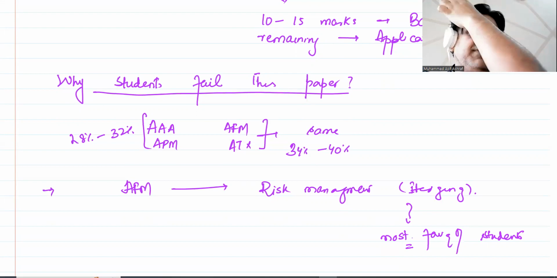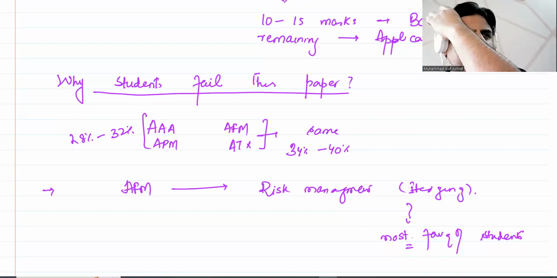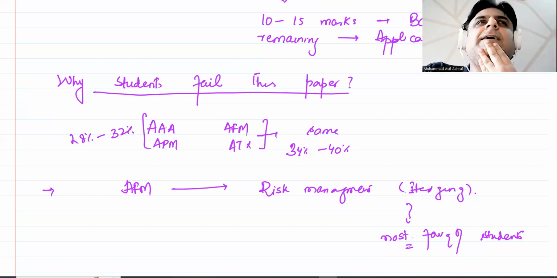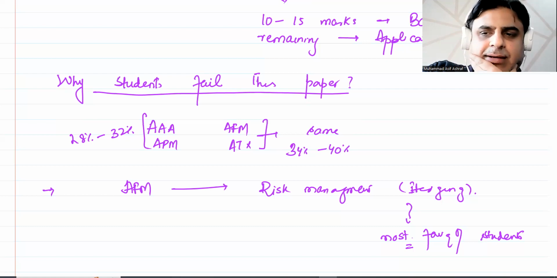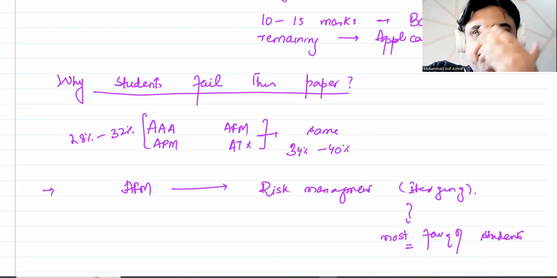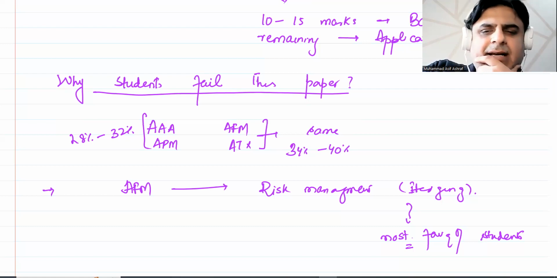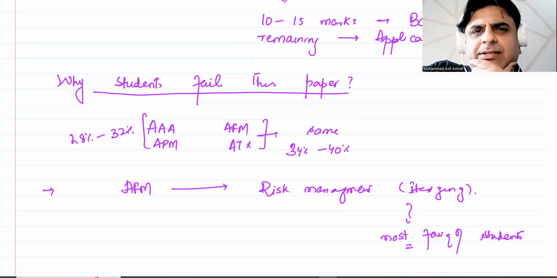Now, one piece of advice, it is up to you. A hedging question might appear in question number 2 or 3, or it might appear in section number 8.